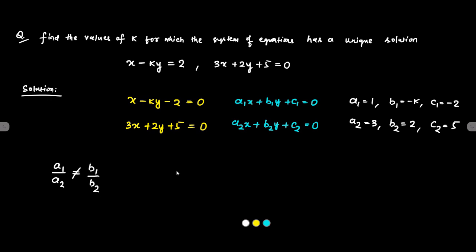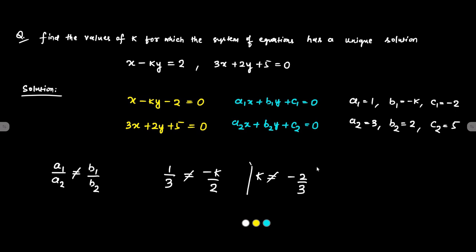So here a1 by a2 is 1 by 3, and it should not be equal to b1 by b2, which is minus k by 2. Performing cross multiplication, k should not be equal to minus 2 by 3.